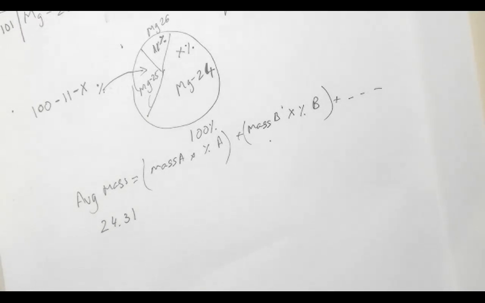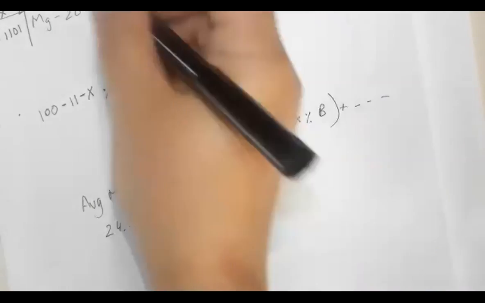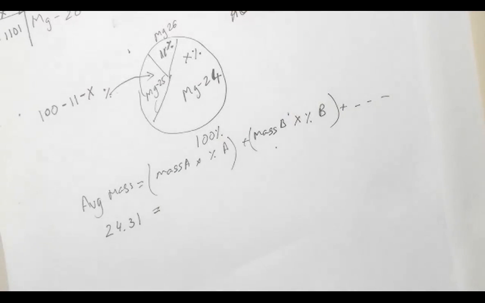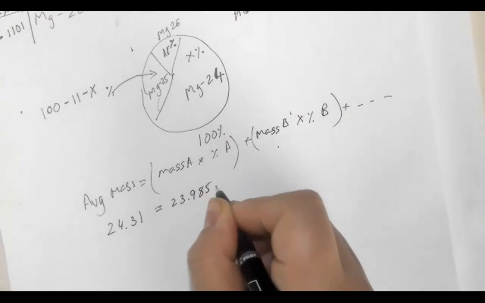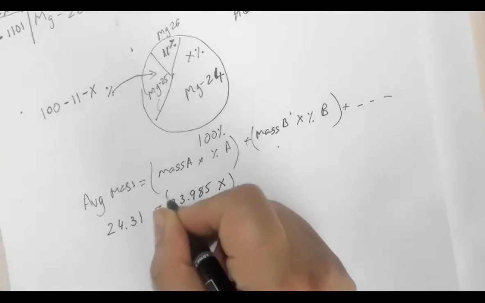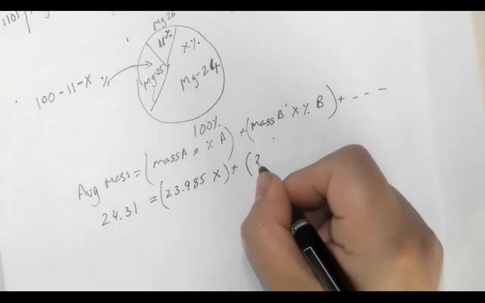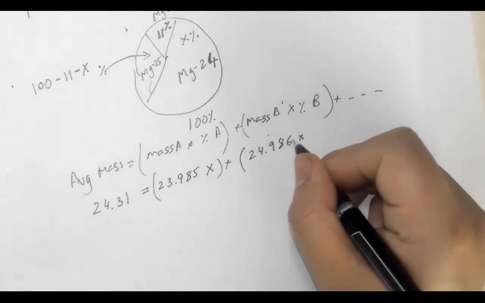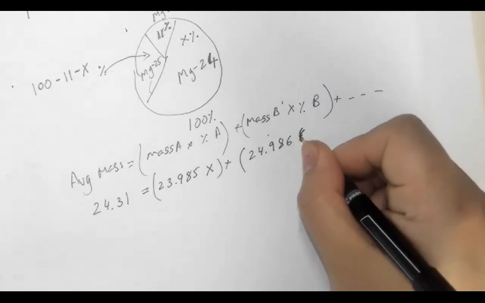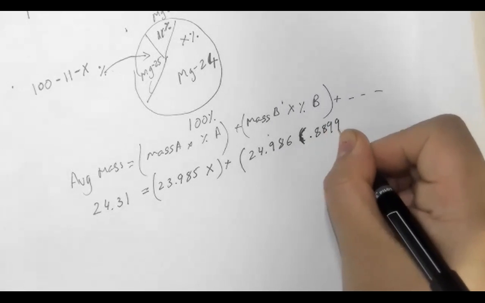So what we get is average mass equal to mass of A, which is Mg24. So Mg24 is 23.985, and then we're just going to say times X, because it's X percentage. And then plus Mg25, which is 24.986 times, this time I do need a parenthesis to keep it on track, because that's not really a nice number.